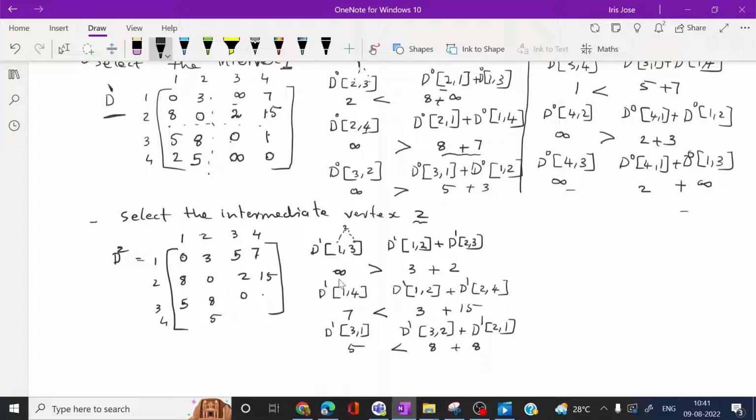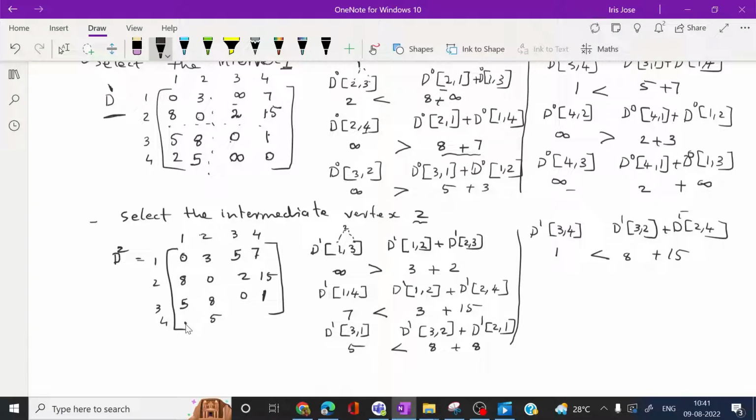Next is D34. D34 is compared with D, intermediate vertex is 2. So D32 plus D24. Here D34 the value is 1, D32 is 8 and D24 is 50. So 1 is lesser, so we keep 1 itself.